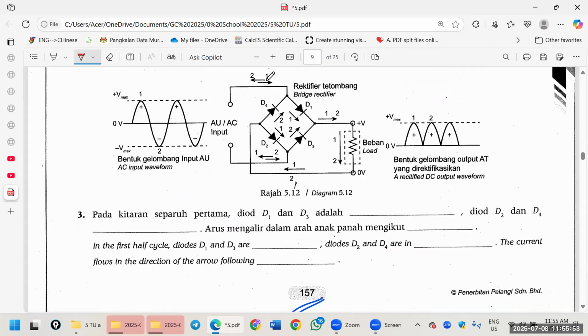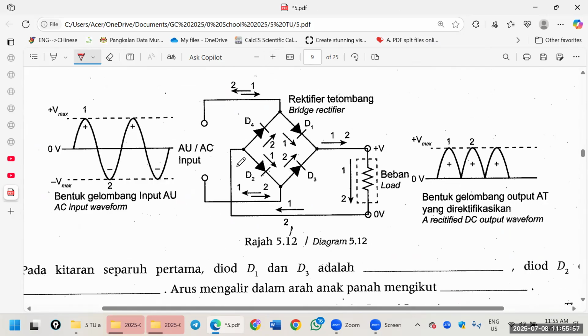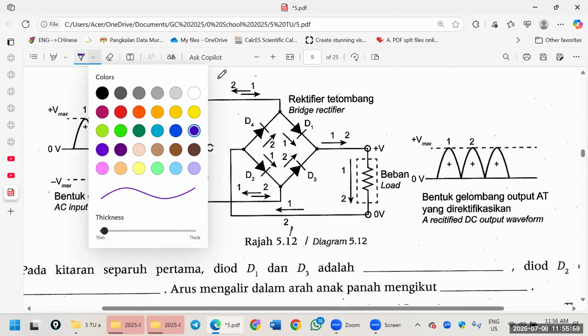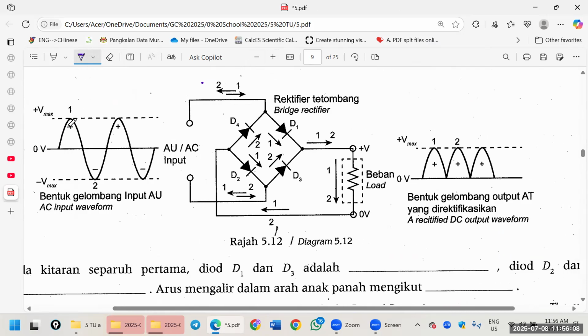Like now, next is 4 diodes. Okay, so now AC, positive and negative.